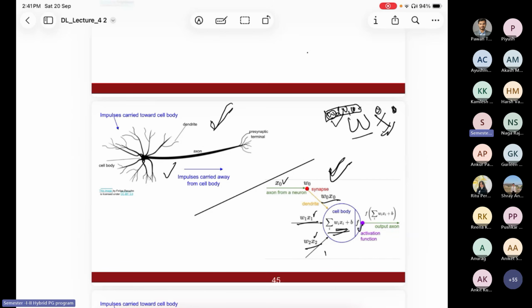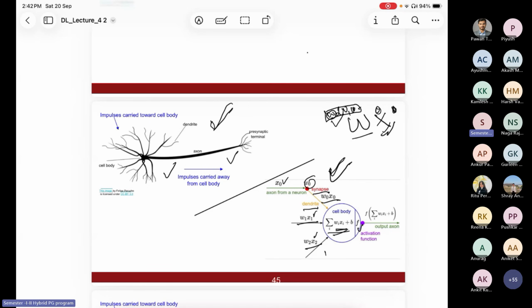Similar type of stuff we can also see in the case of the human brain. Here also there will be some input. Whenever you are doing some activity, some electrical signals will be generated. That will be the input, and then we will have synapse and dendrites. The dendrite has the weight, and this weight will be multiplied with x0, which is your input.